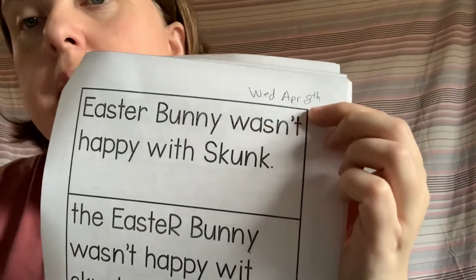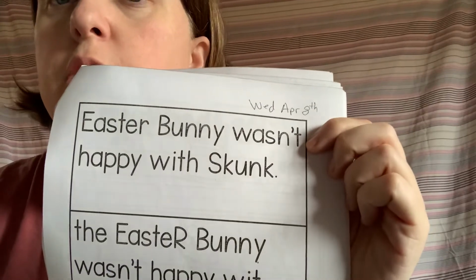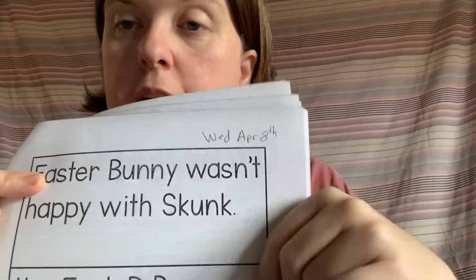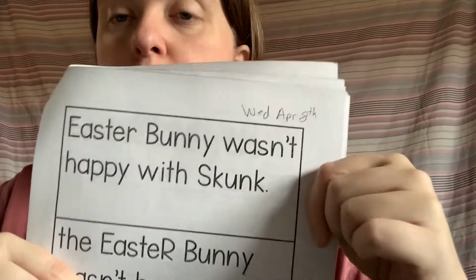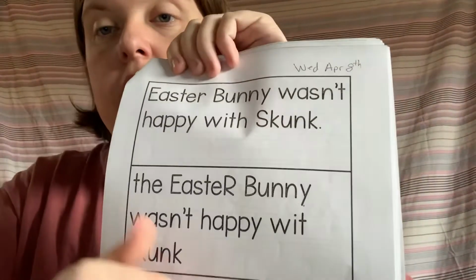So our sentence is, Easter Bunny wasn't happy with Skunk. Now remember, Easter Bunny, proper noun. Wasn't, contraction. Happy, adjective. Skunk, proper noun. Okay, we broke that sentence down, decoded it earlier this week. Now we need to go in and fix our sentence.